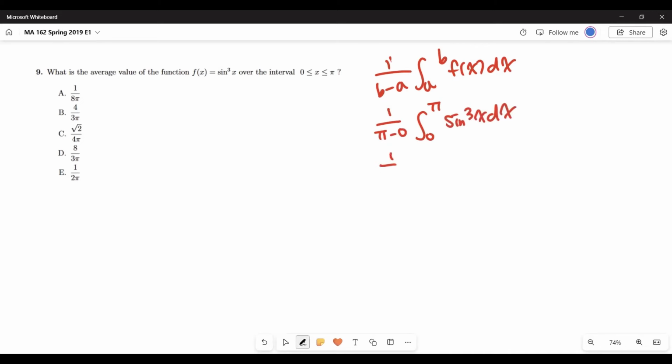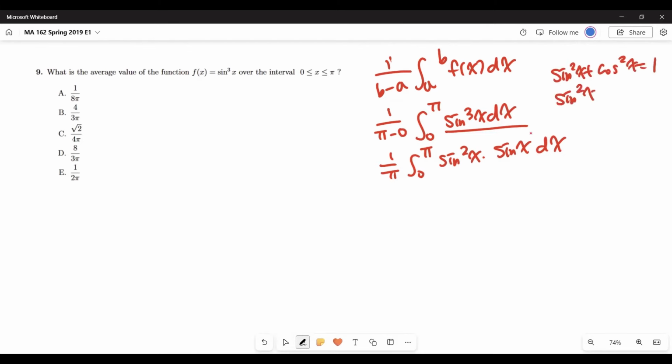So 1 over pi, 0 to pi, and you can split sine cubed x as sine squared x times sine x dx. And if you remember your trig identity, sine squared x plus cosine squared x is 1, and sine squared x can be written as 1 minus cosine squared x.